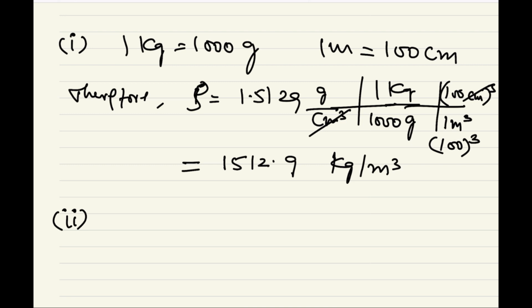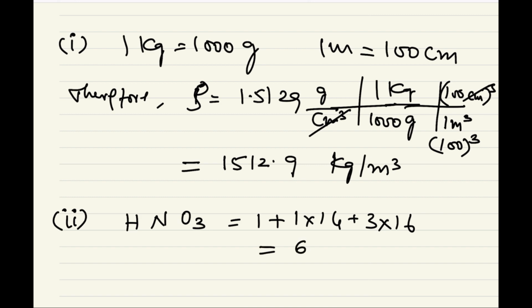So if you know the atomic weights of H, N and O, you can easily calculate the molecular weight of HNO3. That is 1 plus 1 into 14 plus 3 into 16, so it becomes 63. This is the molecular weight of HNO3.